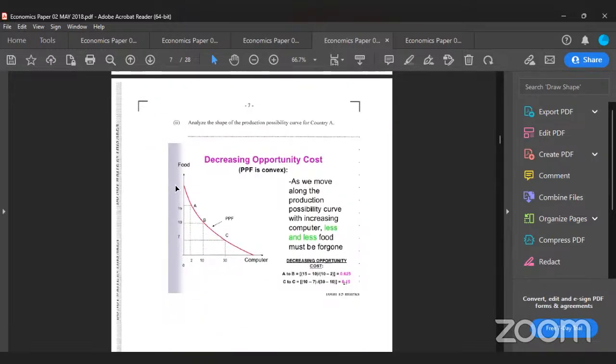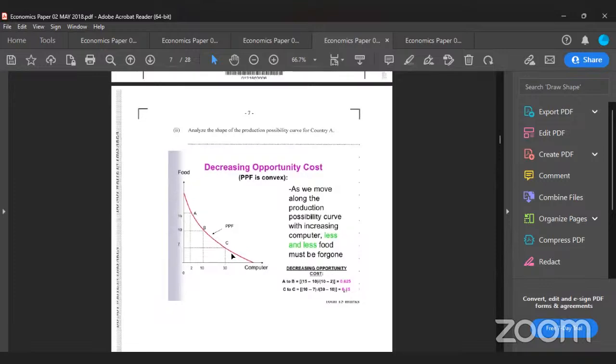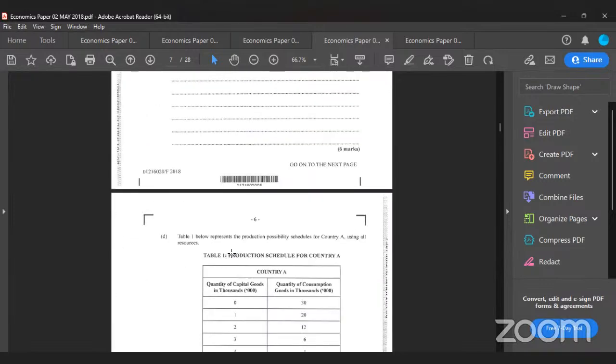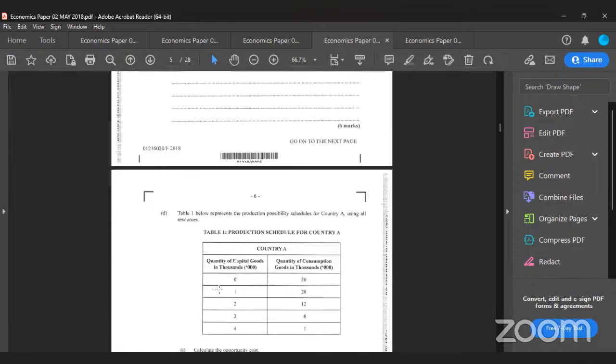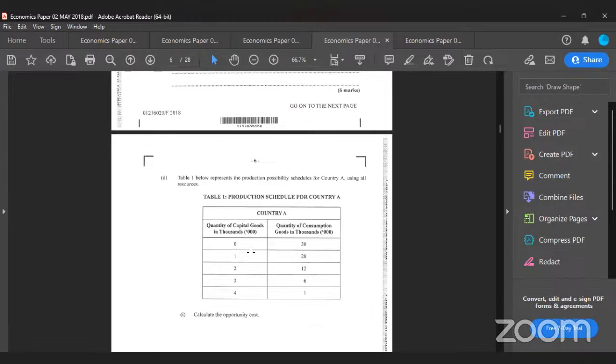And this is how the PPF would actually look. Typically, it's an increasing opportunity cost, like here, right? But in this scenario, as you produce more capital goods, you have to give up less and less consumption goods. Typically, when you produce more of one good, you have to give up more of the other good as you produce more. However, in this case, as you produce more of this, you actually give up less of that.